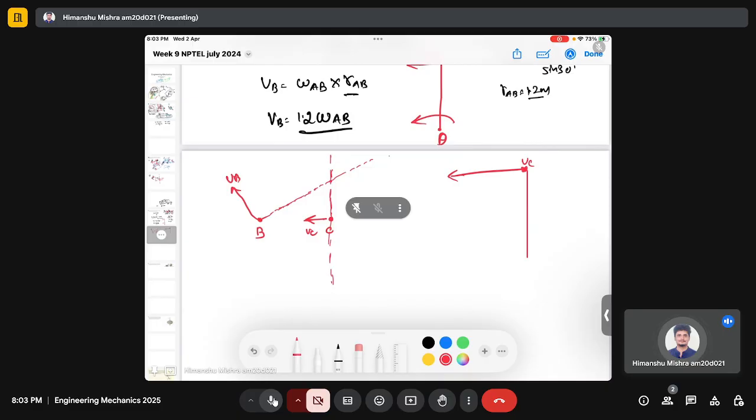Now where are they intersecting? They intersect here, which is my instantaneous center. So this is my RB with respect to the instantaneous center, and this is RC with respect to the instantaneous center.